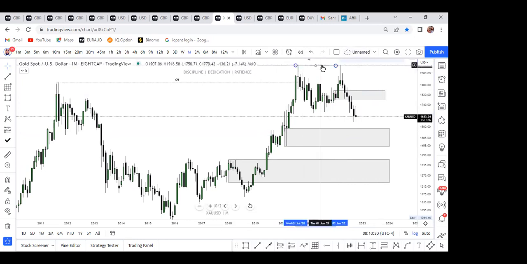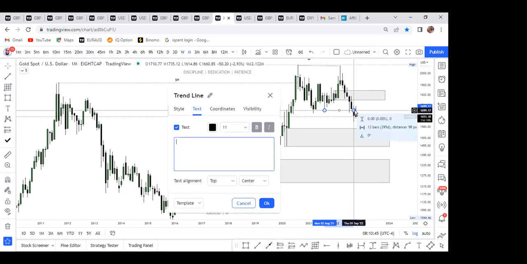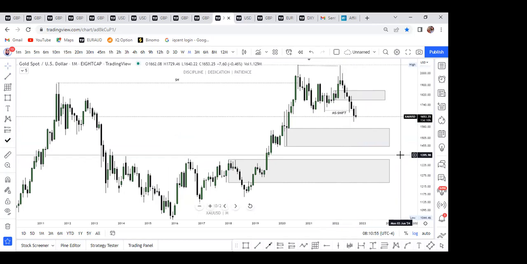Now, this bearish candle pushed price up and we are broken below that zone. So on the monthly, we have a market structure shift because this demand zone has been taken out. Can you see that?